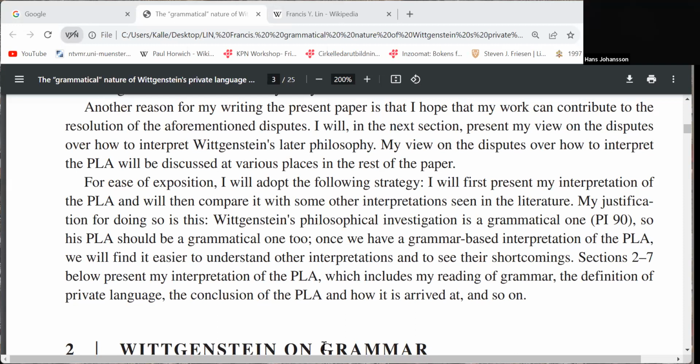I will, in the next section, present my view on the disputes over how to interpret Wittgenstein's later philosophy. My view on the disputes over how to interpret the PLA will be discussed at various places in the rest of the paper.